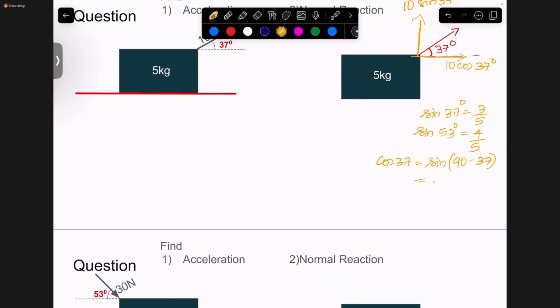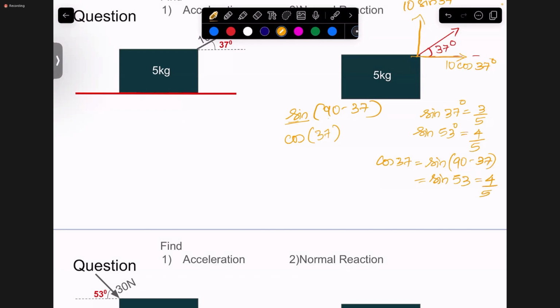You know the complementary angle laws, right? If you encounter sine 90 minus 37, that means with 90 you have to change sine to cosine, so it's cos 37. Likewise, sine 90 minus 37 equals sine 53, which is equal to 4 by 5.